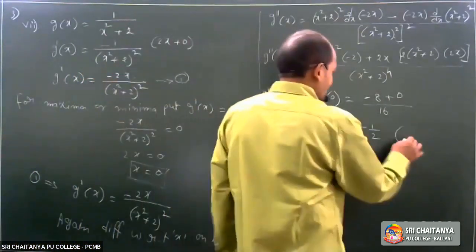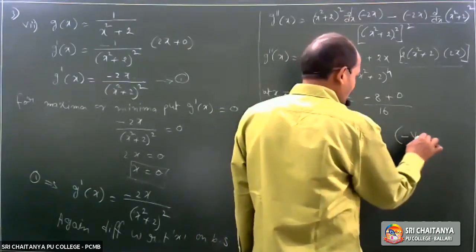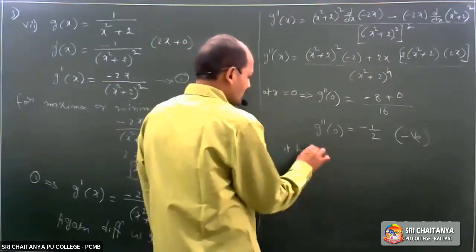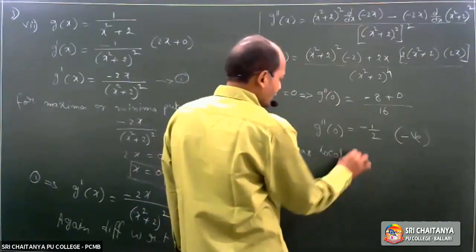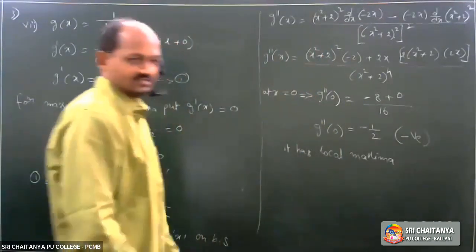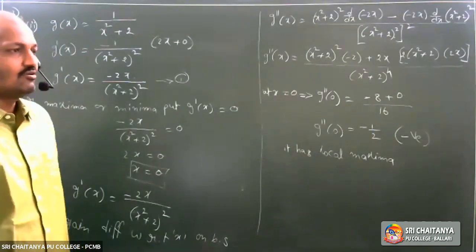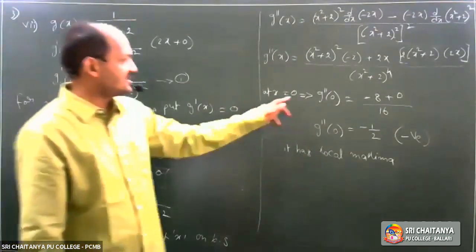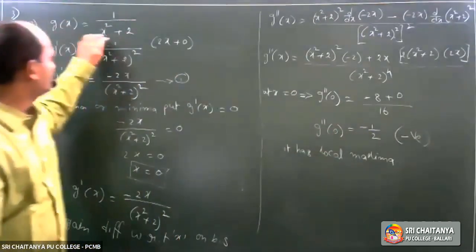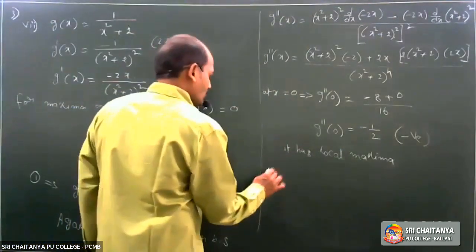So g double dash of 0 is minus 1 by 2. It is negative, so it has a local maxima. Okay. Now we have to find the value. How to find the value? At x equal to 0 it has a maximum, so substitute x equal to 0 in the given function.